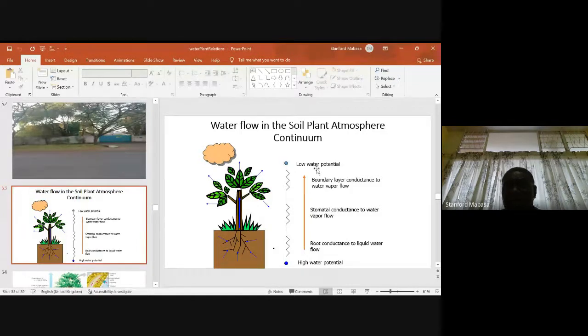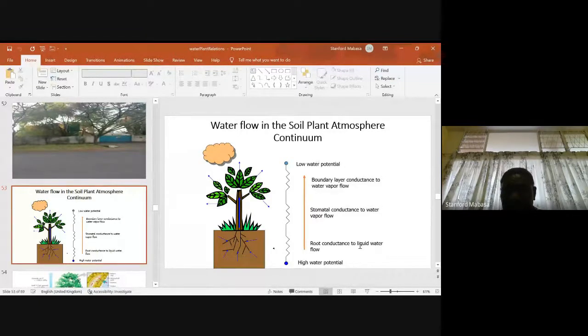We have got low water potential in the leaves and in the atmosphere. So the direction of water movement is from the soil up into the plant and then out of the plant into the atmosphere.